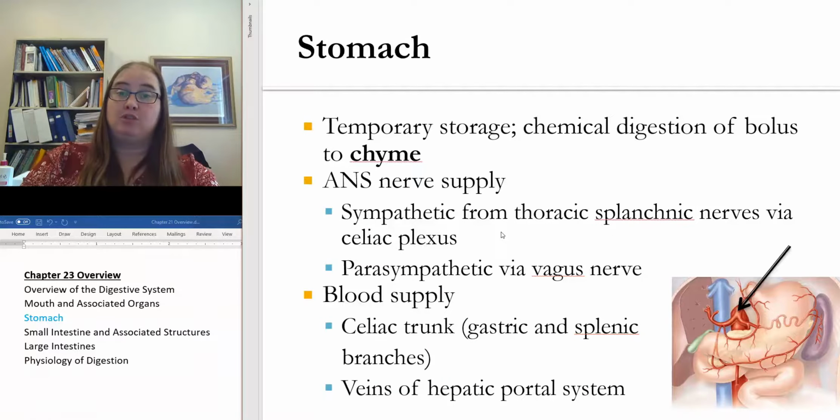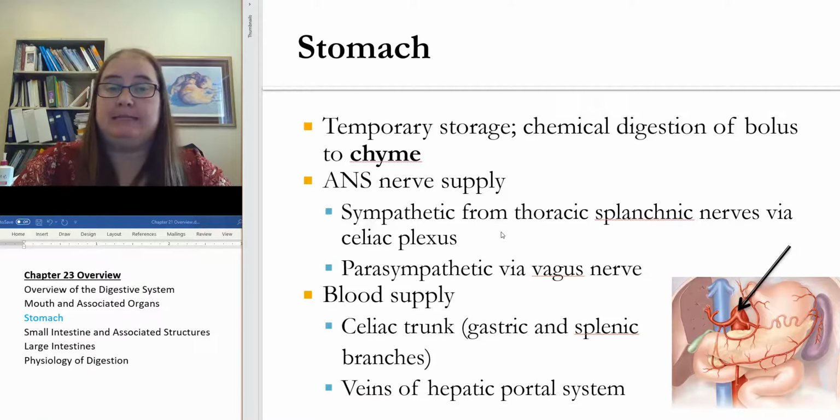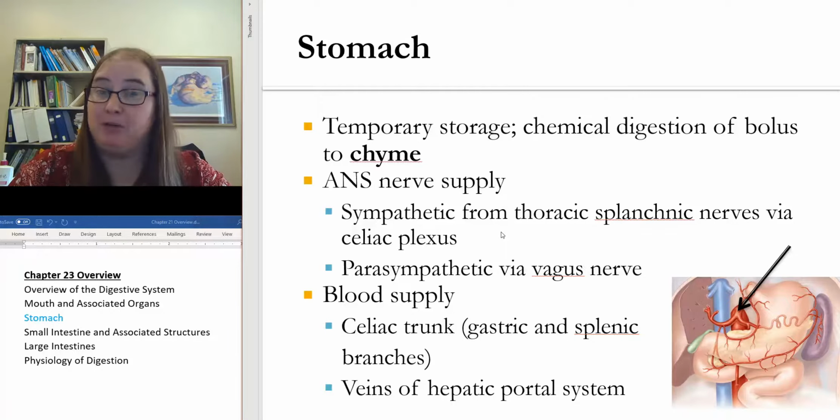Okay, so now we have our bolus in the stomach, and the stomach is a temporary site of storage. It's where mechanical digestion can occur, as well as chemical digestion.